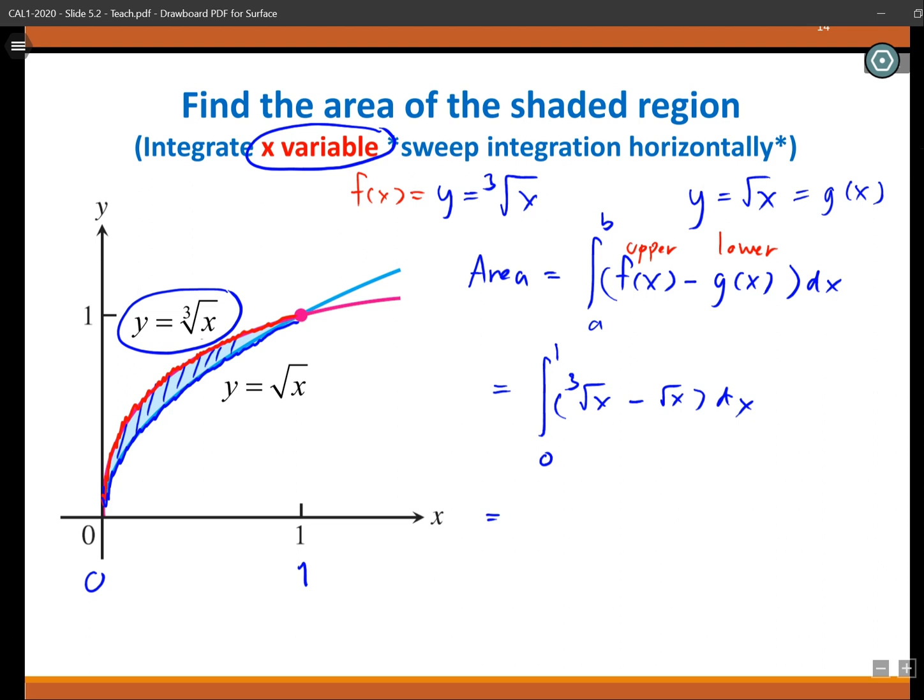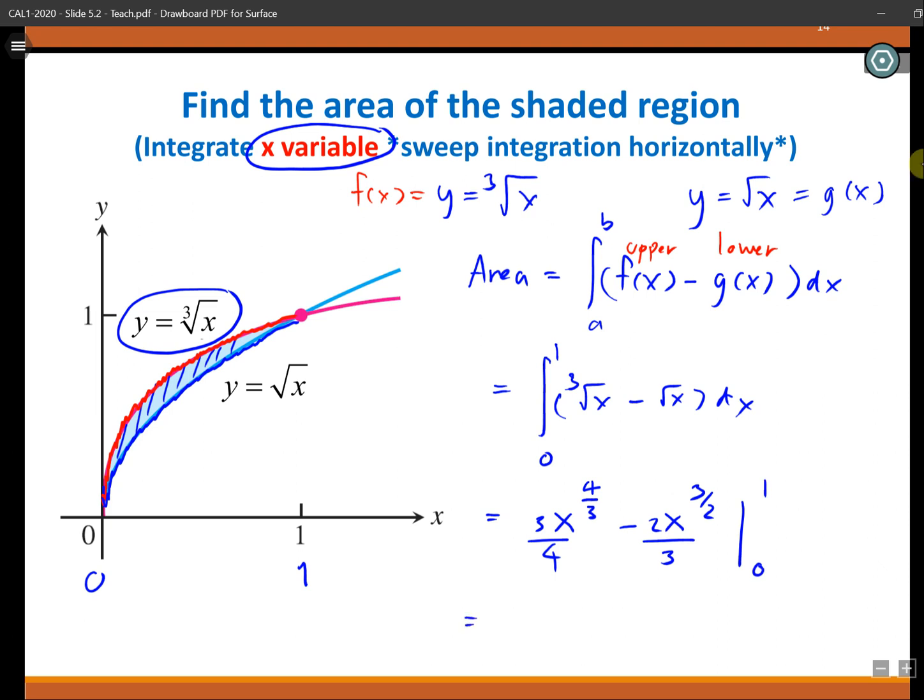Now continue with this. This is not hard, so we just integrate that. X to the power of 1 over 3 becomes 4 over 3. We have to divide by 4 over 3. It becomes 3 over 4. This becomes x to the power of 3 over 2, and you have to have 2 over 3 right here. Evaluate this at 0 and 1.